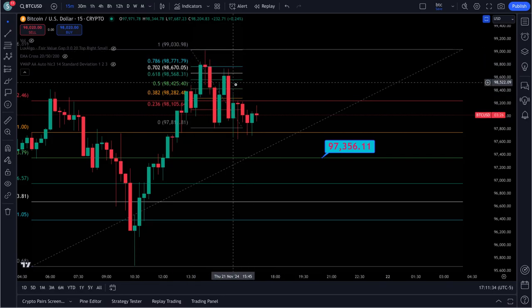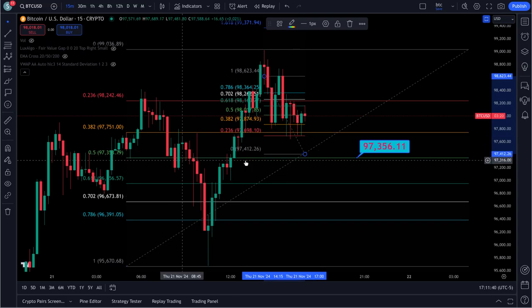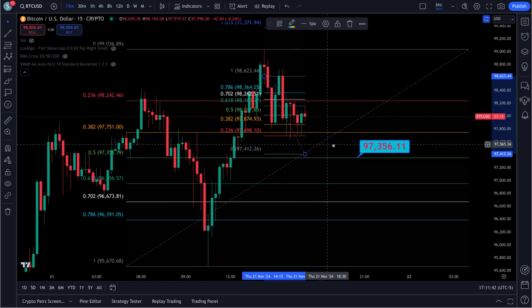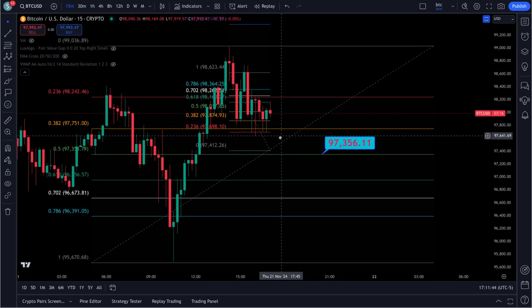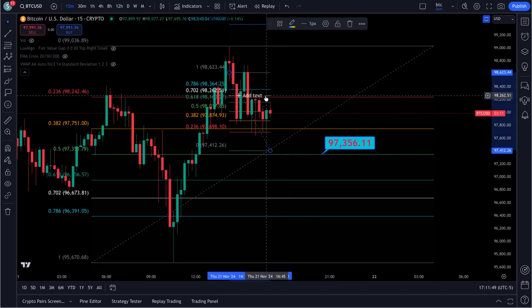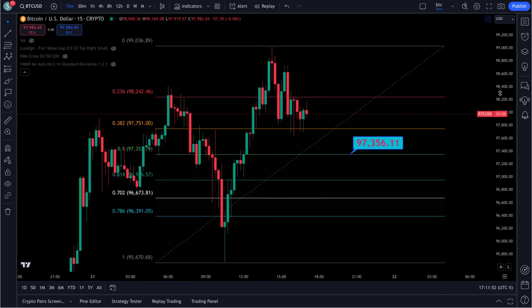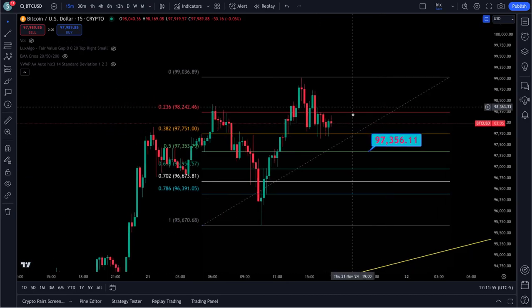All right, we're right around that 618 retracement. We're going to pull it right down on top of those candles, and that puts us right at about a 50% retracement. Pretty close to it there, okay? I would imagine it's probably going to hit that 50%, so 97.3 something, and I would expect this thing to probably start pushing back again to the upside towards that 100,000.